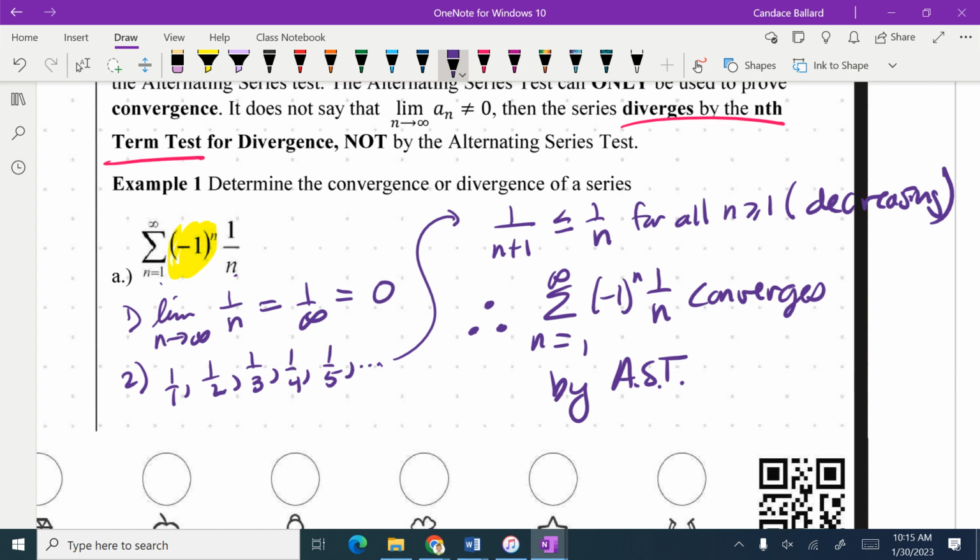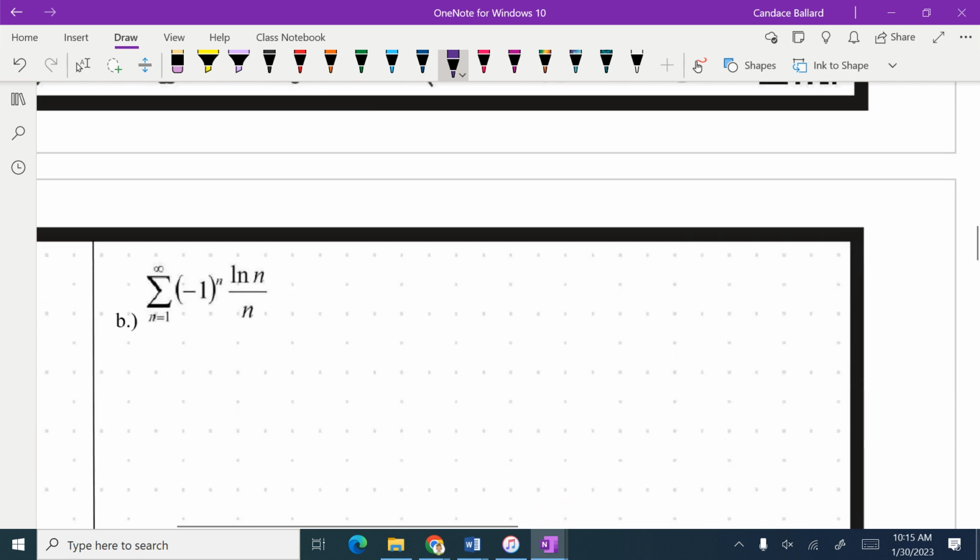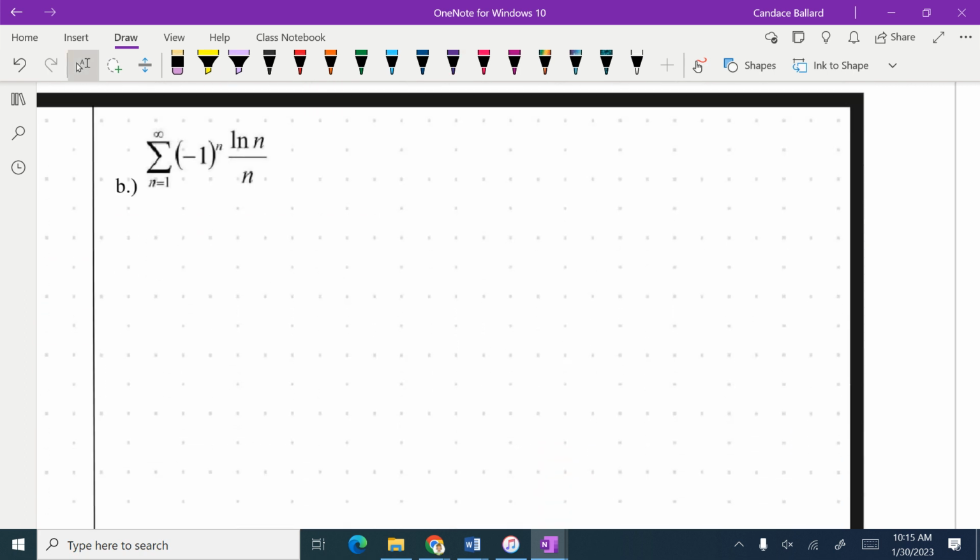Okay. The next one's interesting. Let's take a look. How do we know we're using alternating? It's obvious, right? It has that negative 1 in front.